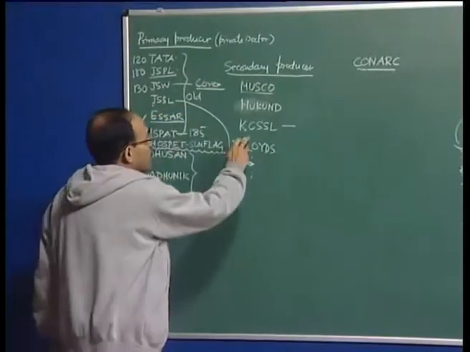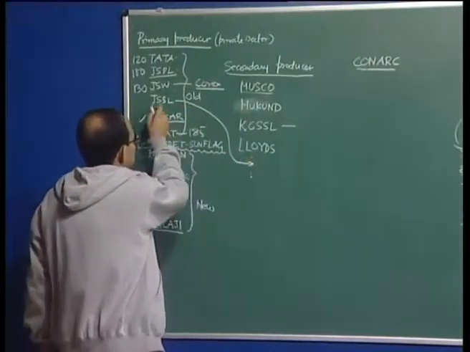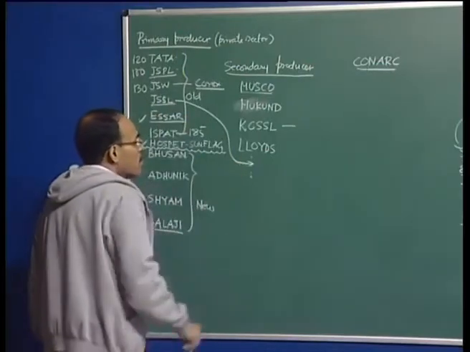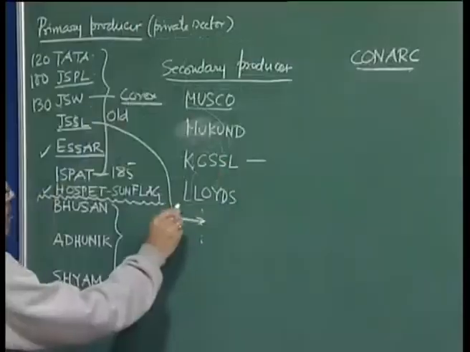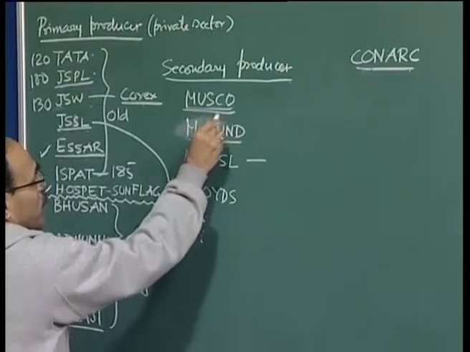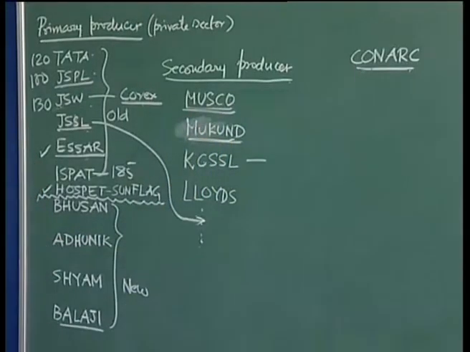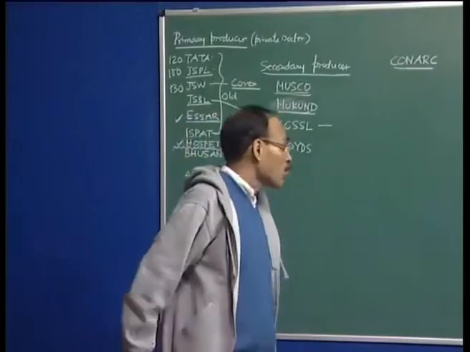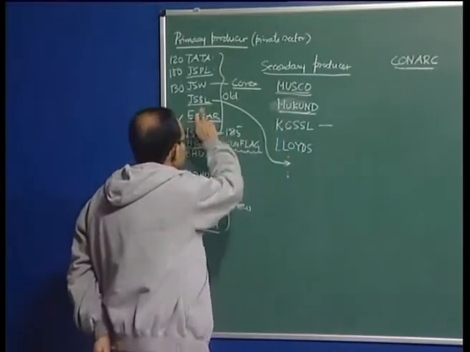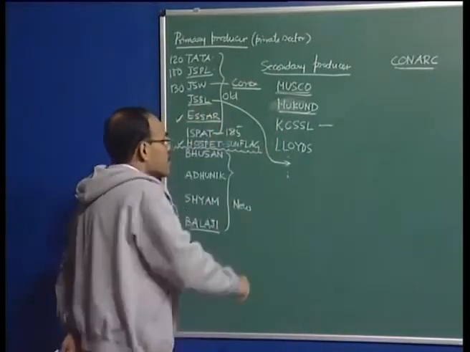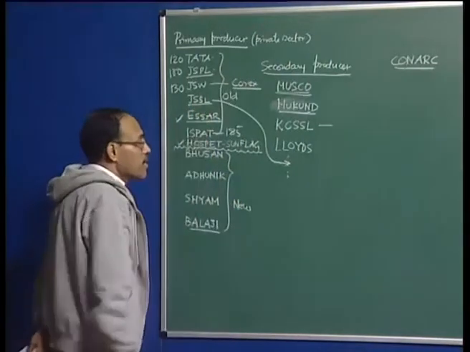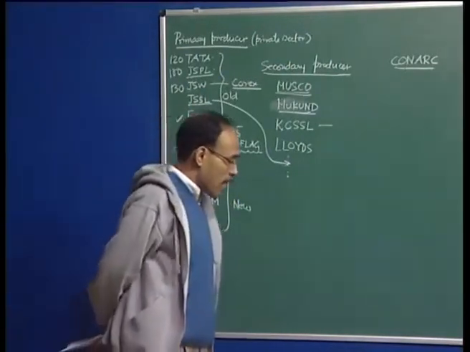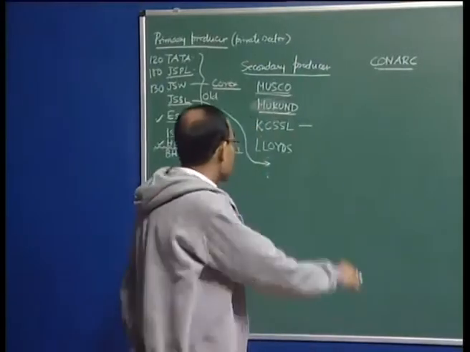On the other hand, if you go to JSSL, this produces stainless steel slabs, and Mukund Steel, for example, they produce blooms and billets. So again, you see most of the small scale plants are actually long product plants, okay, but one or two of them, like KCCL, KCSSL and JSSL, Jindal Stainless Steel, are flat product plants, and most of them are based on electric arc furnace.